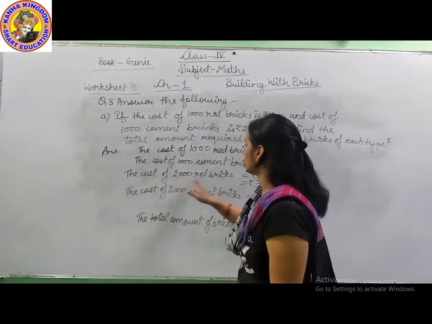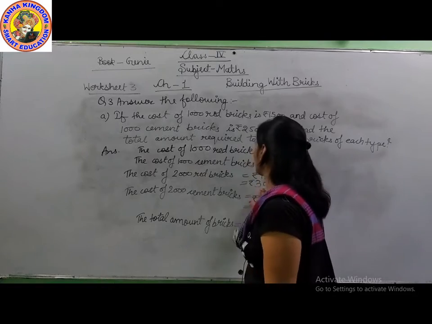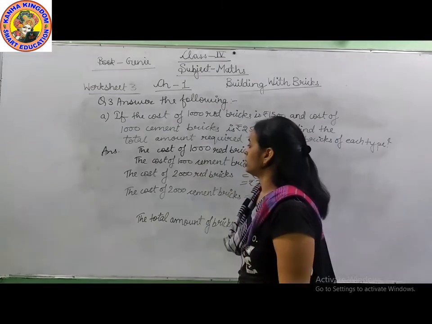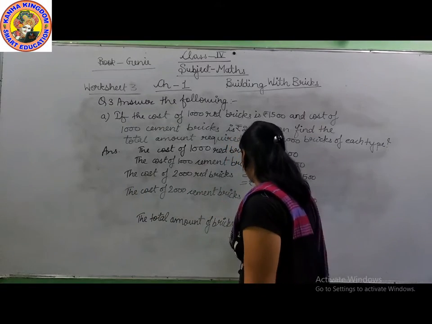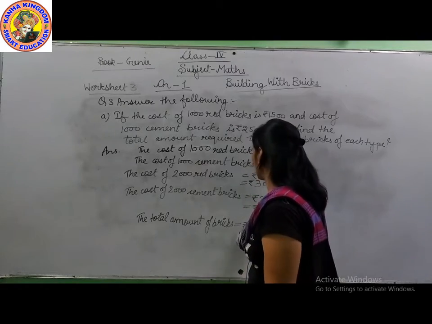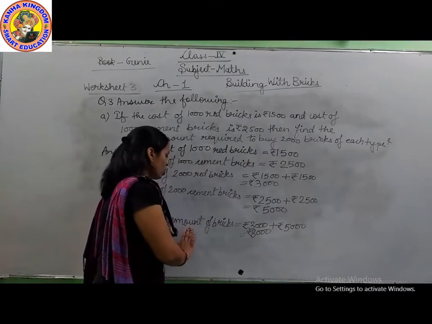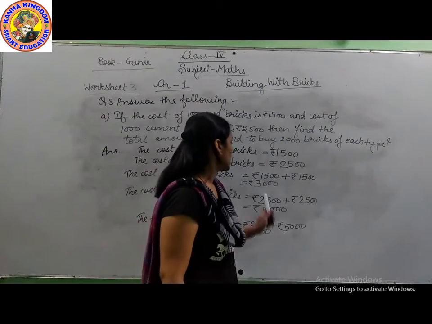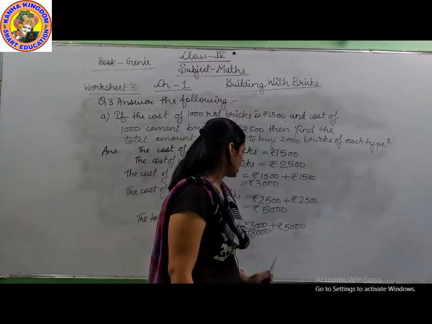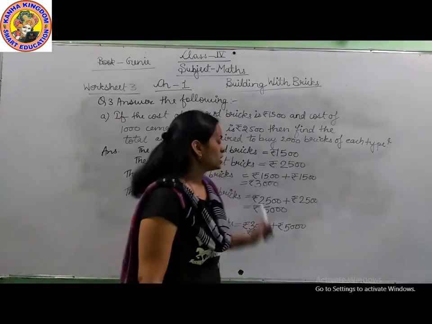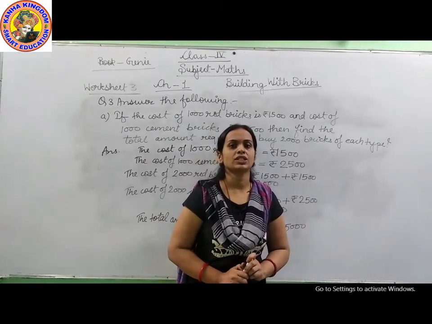The cost of 2000 red bricks equals 1500 plus 1500 equals 3000 rupees. The cost of 2000 cement bricks is 2500 plus 2500 equals 5000 rupees. So the total amount equals 3000 plus 5000 equals 8000. This is the total amount required to buy bricks of each type.